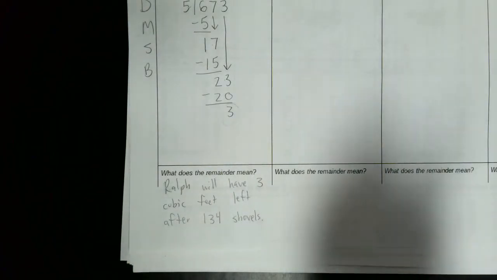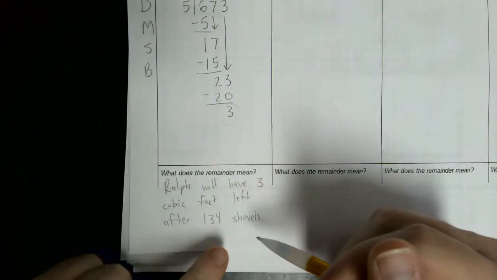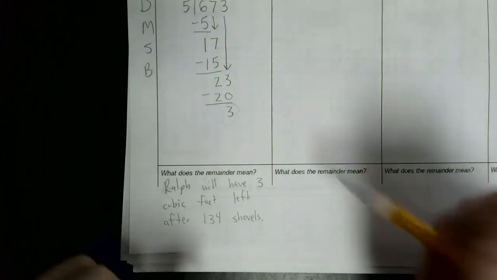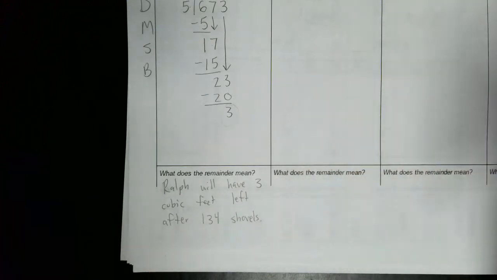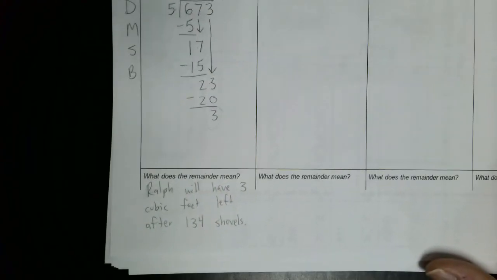So he'll need to shovel out the snow 135 shovels because he'll have that extra 3 cubic feet left. That one will be the lightest one because there's less snow on it. All right. I love thinking about the remainder. In that problem, it was the amount of snow he'd have left over at the end.